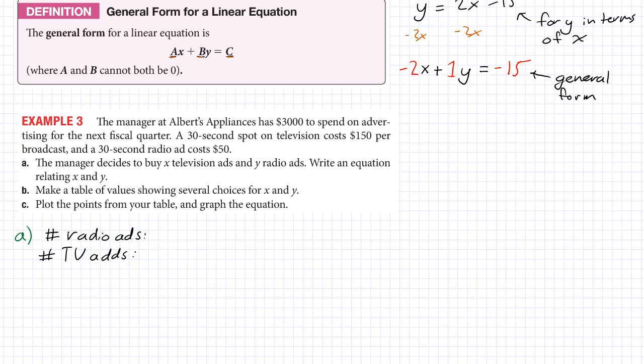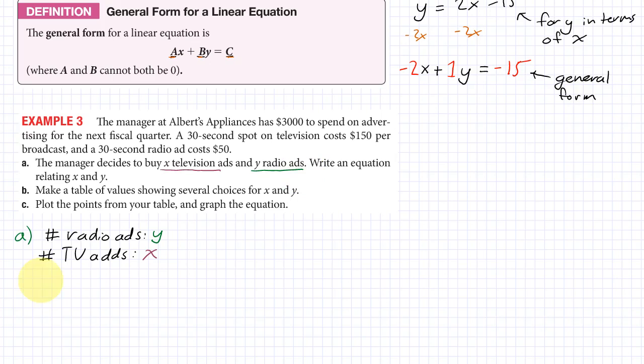These are what's given. If he buys x television ads and y radio ads, then the number of radio ads is y, and the number of television ads is x. So those are some of the quantities involved.